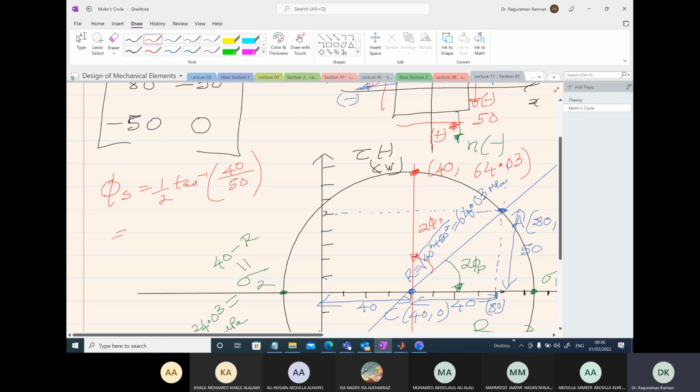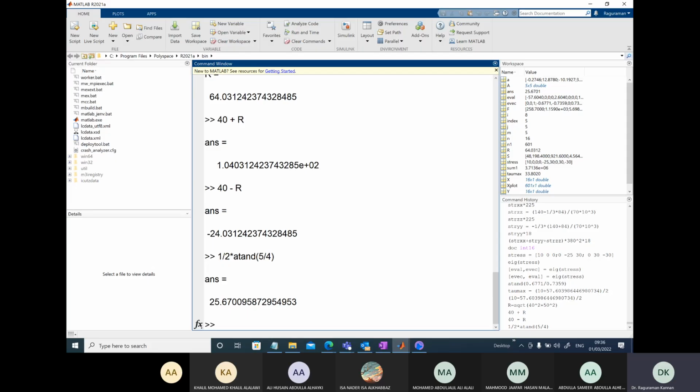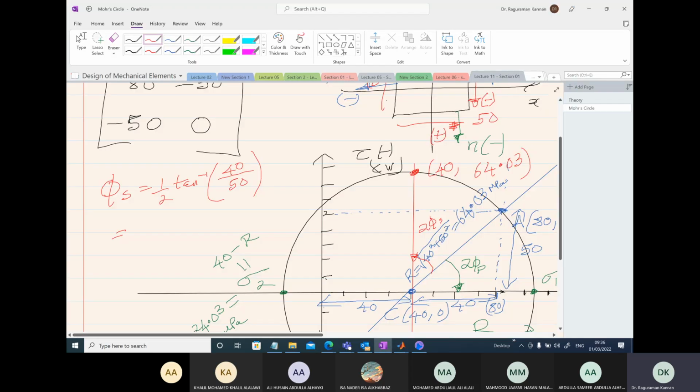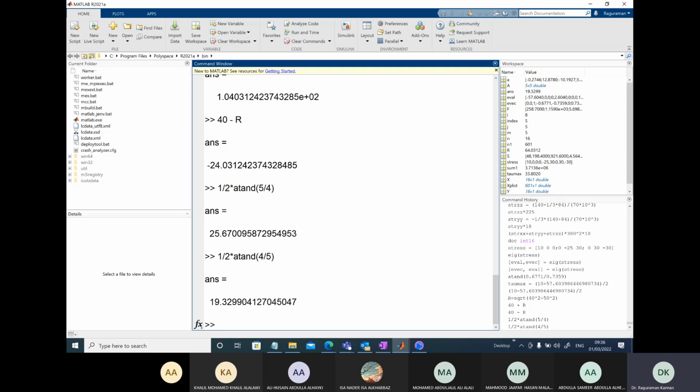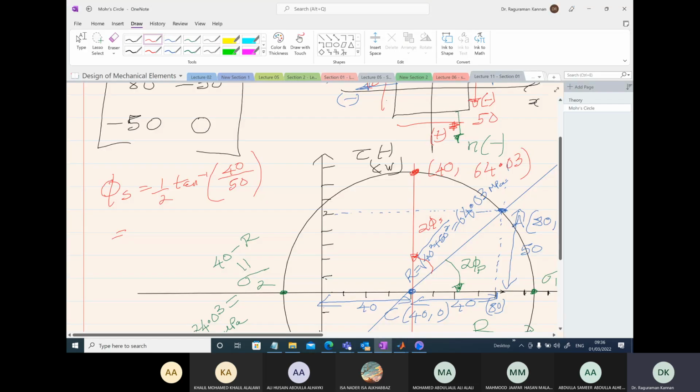So if you want to calculate, let's go to MATLAB and do the calculation again. Instead of 40 over 50 over 40, we have 40 over 50. So 4 by 5, inverse of it, and we get 19.33 degrees. Okay, this is your phi s.